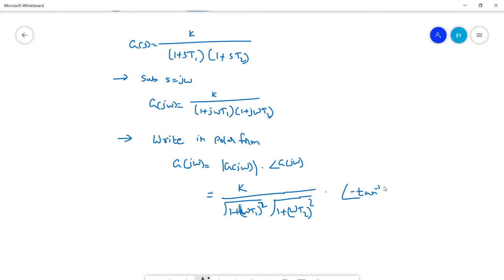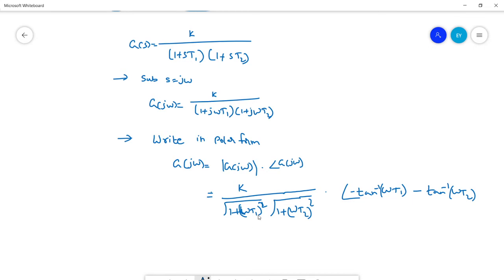Therefore b by a means ωt1 by 1, which is the same ωt1. So the phase is minus tan inverse of ωt1 minus tan inverse of ωt2. This is how we can segregate the magnitude and phase expressions.